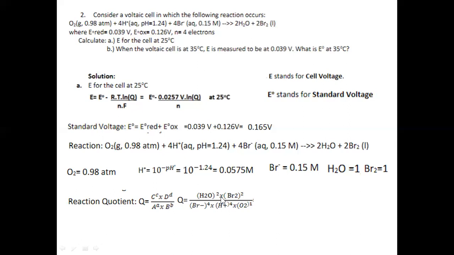So where did I get the notations 2, 2, 4, 4, and 1? These are the balanced coefficients for the reaction.